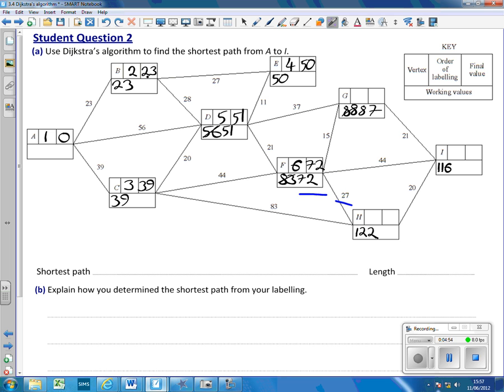We can get there in 99 there, which is actually quite a good improvement. So I've acted on all those three vertices which could connect from F there, and now I just pick the next lowest, 87. So that's going to be the 7th one to go into my solution, and I permanently label that as 87.